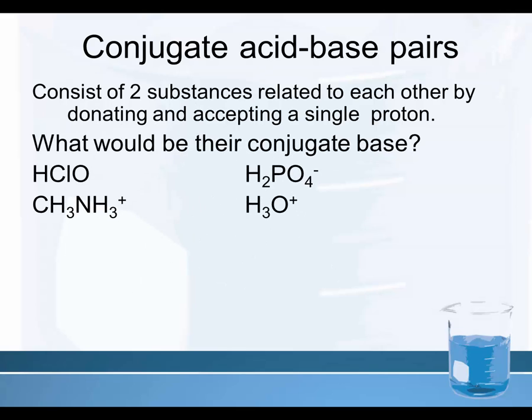All right. So conjugates consist of two substances that are related to each other by donating and accepting a single proton. That's what we just said on that last slide. What would their conjugate base be? So if I've got the acid HClO, what would the conjugate base be? According to Bronsted, what does an acid do?